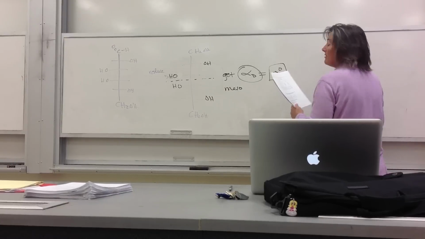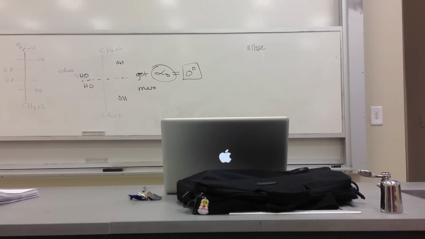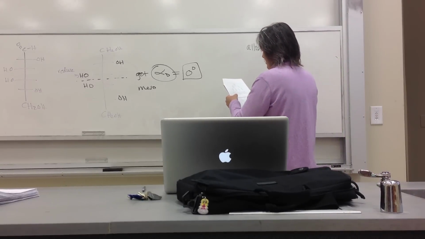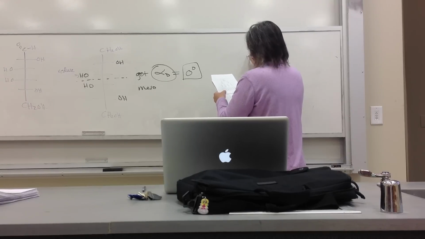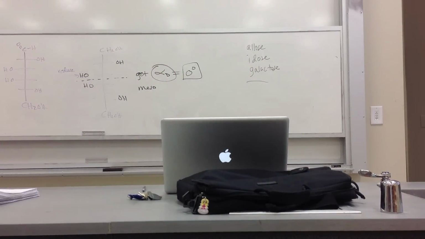It could be allose, because that has an internal plane of symmetry if I reduced it. What else could it be? Mannose won't work because the top and bottom aren't exactly the same. Could be iodose. Could be galactose. Talose, no. So it's like one of those, right? That's tremendously helpful. I've thrown away all the others. I know it's not them.